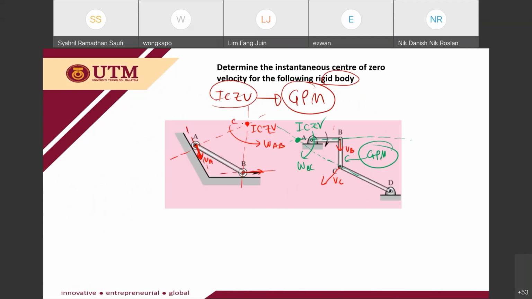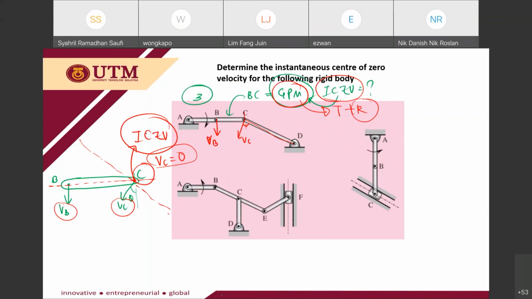For this case, the center is here, which is outside the rigid body. For the BC here, the center is also outside the rigid body. For the third example here, you may notice that the center of zero velocity is on a point on that rigid body. That's why it depends on the situation.